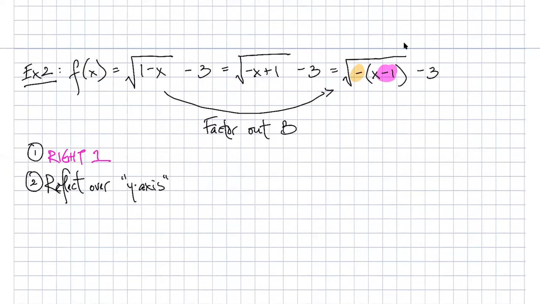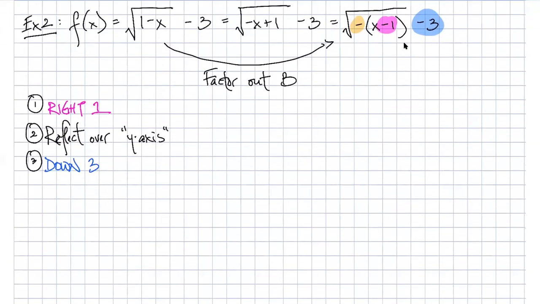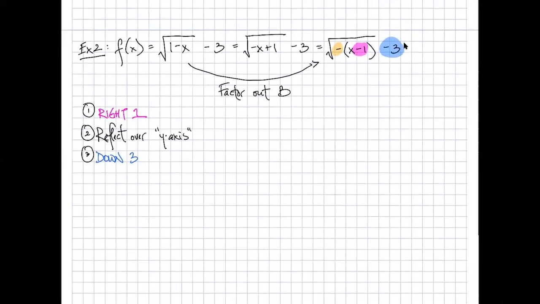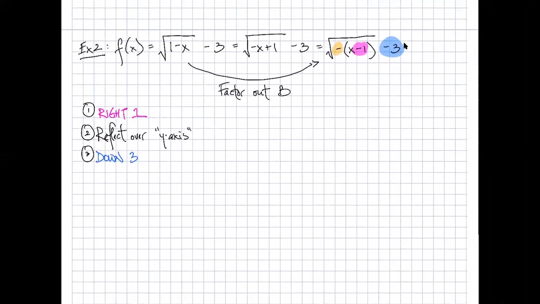And then at the very end, we have a minus 3. So that means we're going to go down 3. Okay. So let's start with our parent function graph, and then we'll start moving things around, okay?